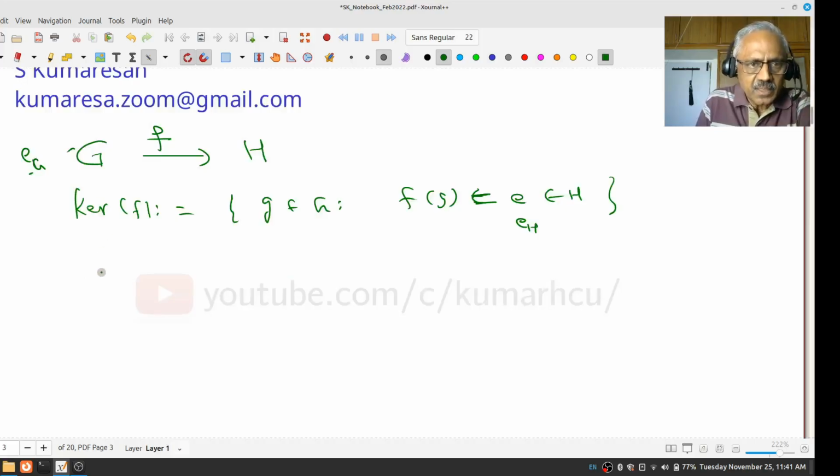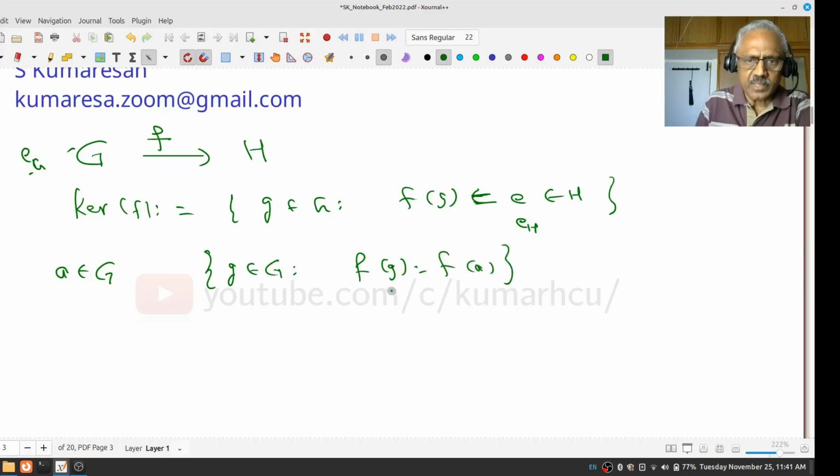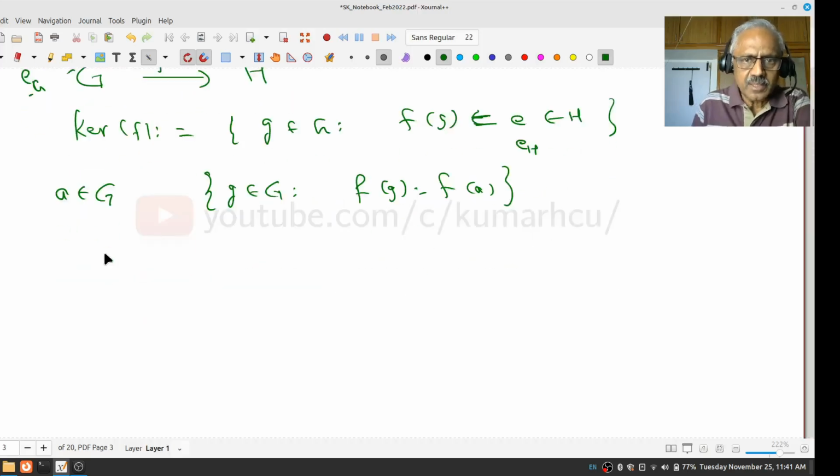Let us fix an a in G and ask the question: what are the elements g in G so that f of g is the same as f of a? That is, f takes the value f(a) at g. This is what prompted us to define the kernel of f. Please recall.